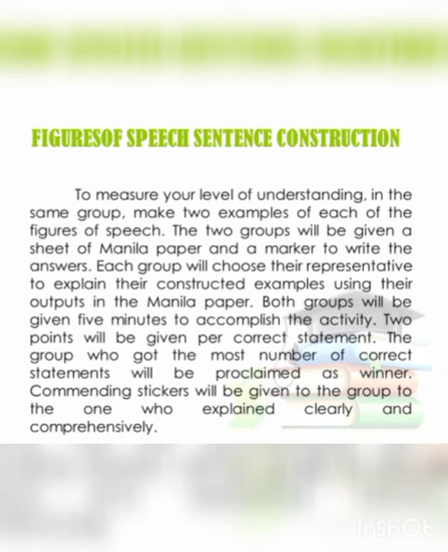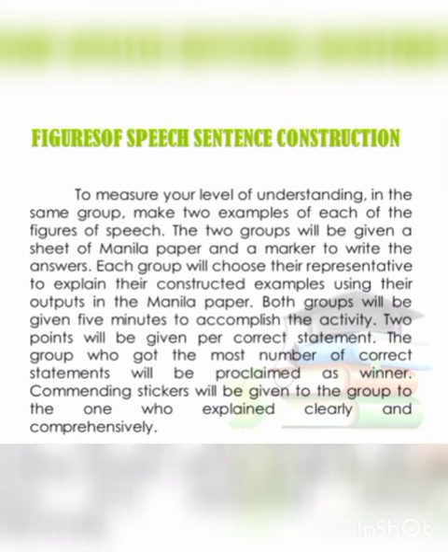The 2 groups will be given a sheet of manila paper and a marker to write the answers. Each group will choose their representative to explain their constructed examples using their outputs in the manila paper. Both groups will be given 5 minutes to accomplish the activity.